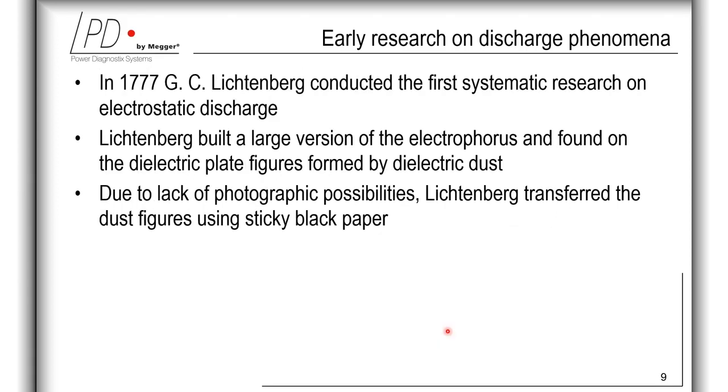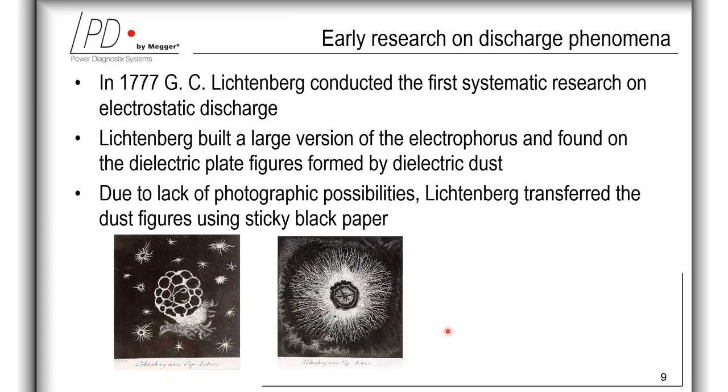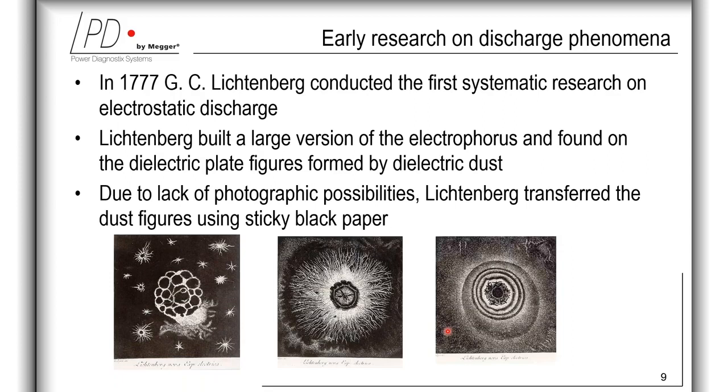Based on Wilcke's work, likewise, in the second half of the 18th century, Georg Christoph Lichtenberg built a large version of the electrophorus and found on the dielectric plate figures formed by initially and accidentally applied dielectric dust. Lacking any photographic possibilities at that time, he transferred the dust figures using a sticky black paper.